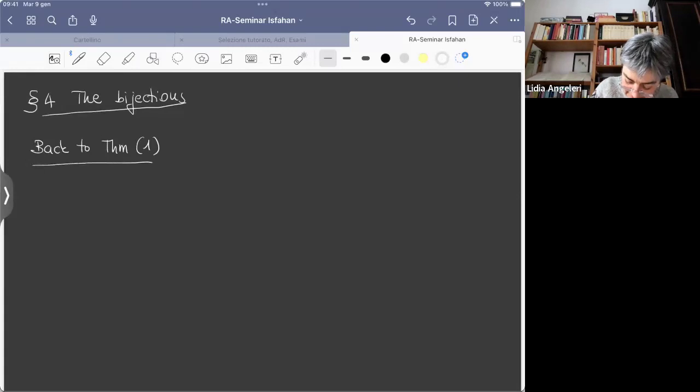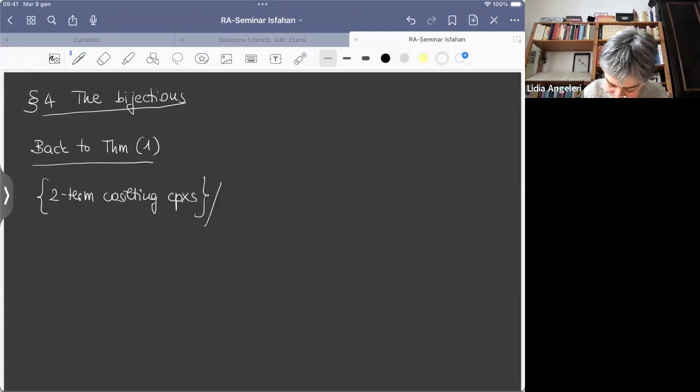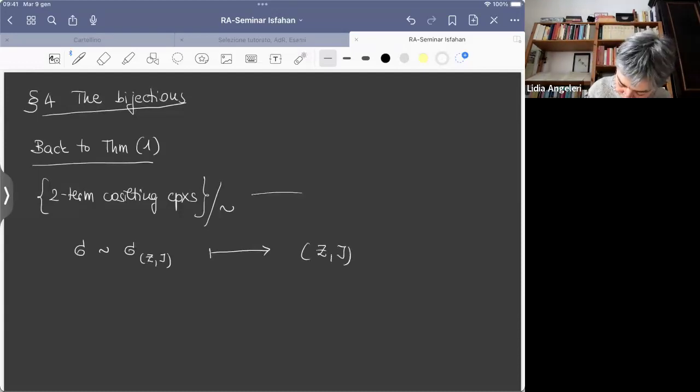We have seen that for two-term cosilting complexes, if we take their equivalence classes, then sigma is equivalent to a complex of the form sigma_(Z,I), and then to this we can assign the pair (Z, I), which is a cosilting pair, according to the definition I have just given. So this will give a bijection between two-term cosilting complexes and cosilting pairs.